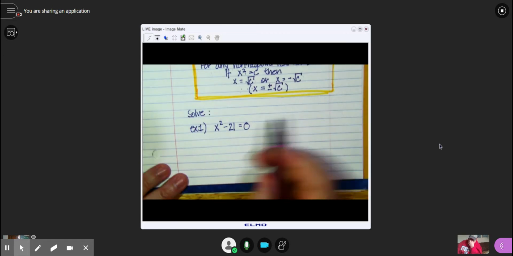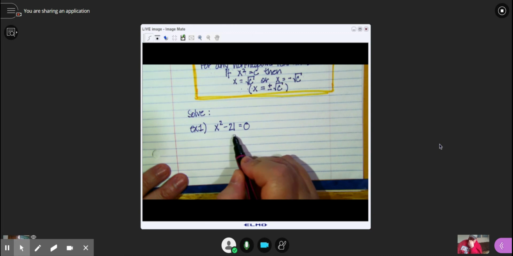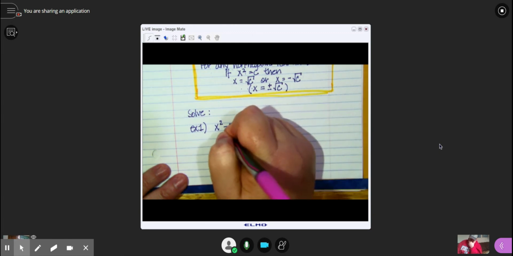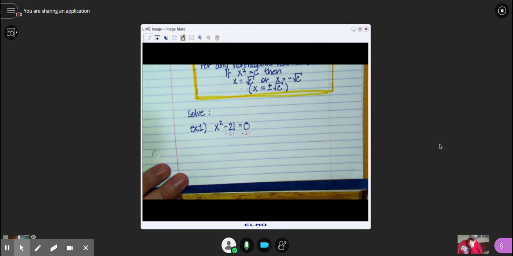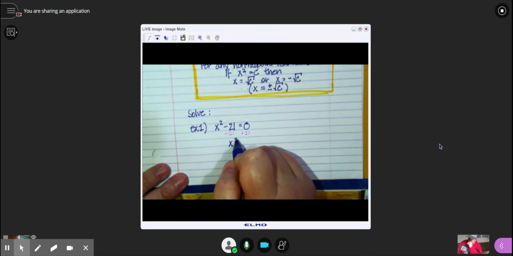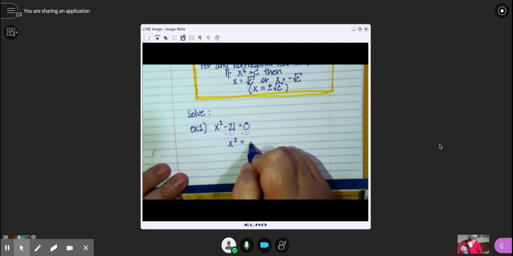This can be rewritten so that we add 21 to both sides, and we get x squared is equal to 21.